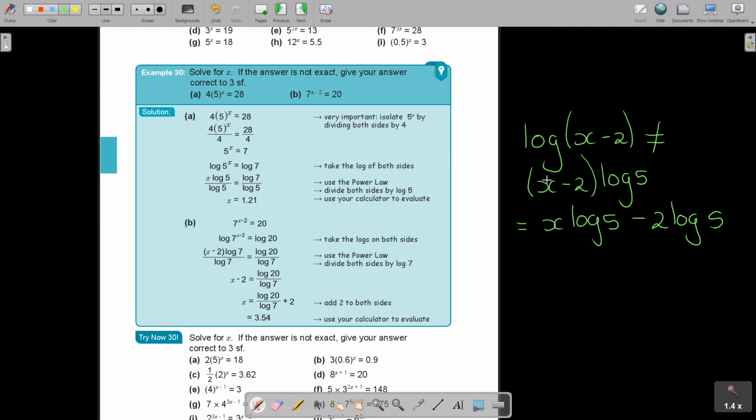So if the bracket is in front of the log, you can do this. But if it stands behind the log, you just leave it like that. Okay, so this is very important. So this one, you cannot go further. This one, you can write it as that. And that's what I did there. Although when I divided by log 7, it was not necessary. I divided by log 7, and then I just simplified it.